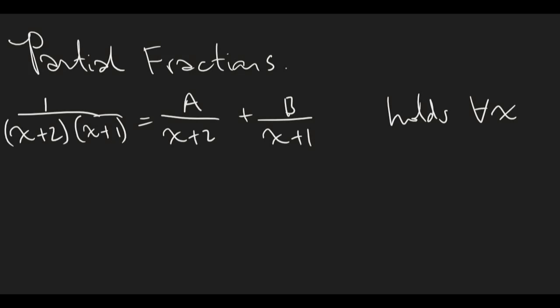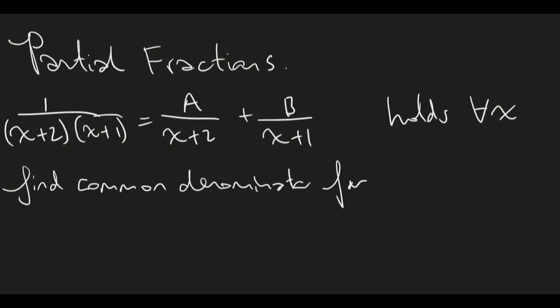So the first thing to do is to find a common denominator for these two. So we can say find a common denominator for the right hand side.